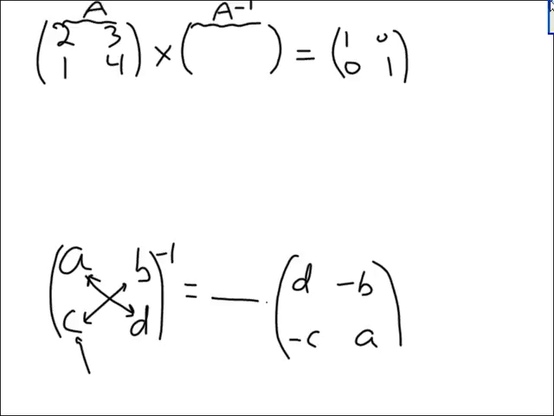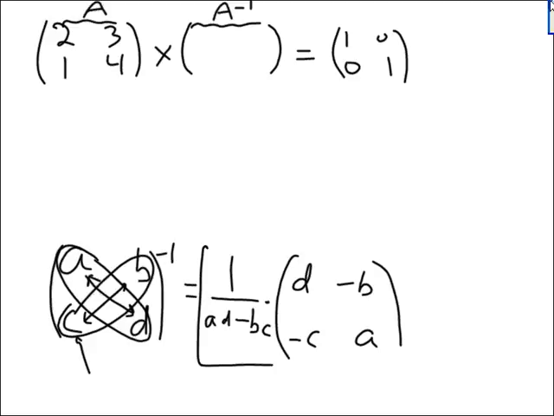You multiply by a scalar. The scalar will probably be a fraction, if it's anything other than 1 or negative 1. It's 1 over this product, which is AD, minus this product, which is BC. This here is the recipe to find the inverse.